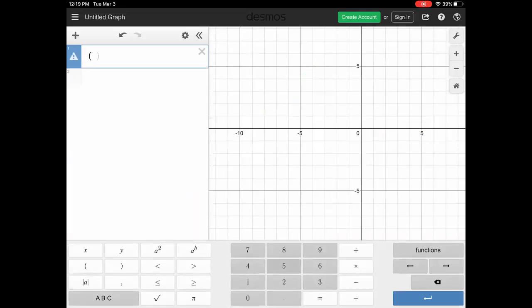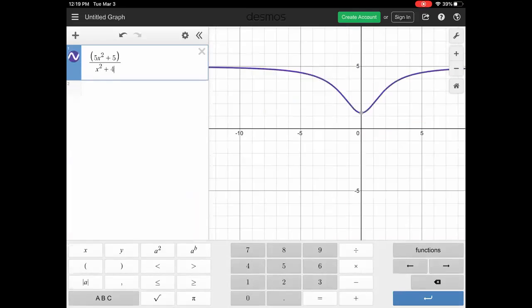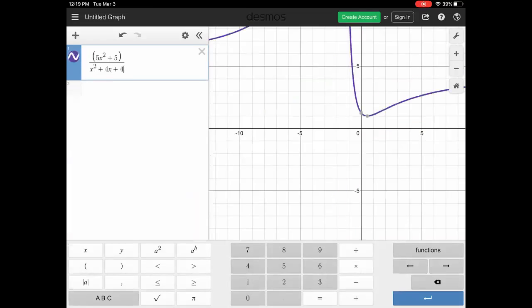5x squared plus 5 divided by x squared plus 4x plus 4. Oh, come on.